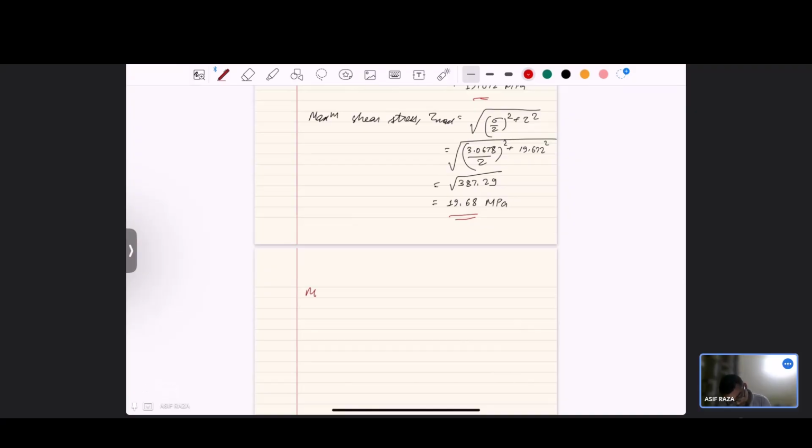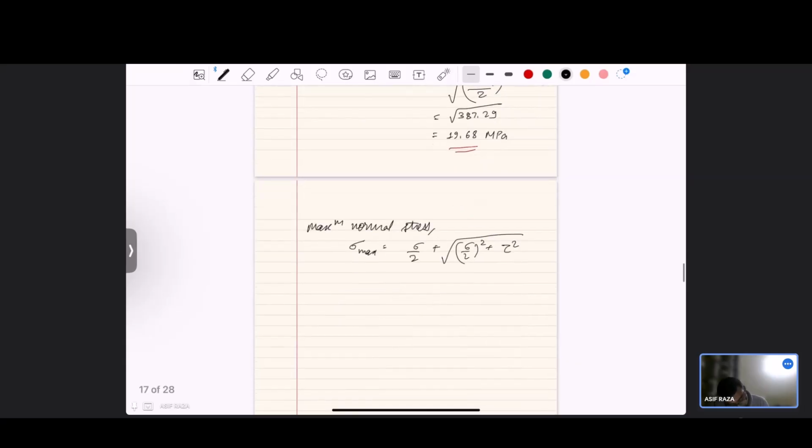In continuation, the maximum normal stress, sigma max, would be equal to sigma by 2 plus the root of sigma by 2 whole square plus tau square, and this would be equal to sigma by 2 plus tau max.